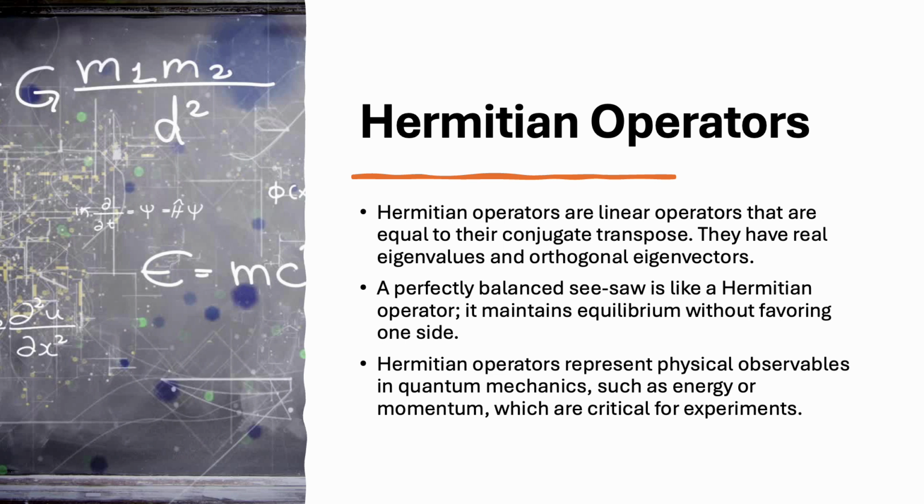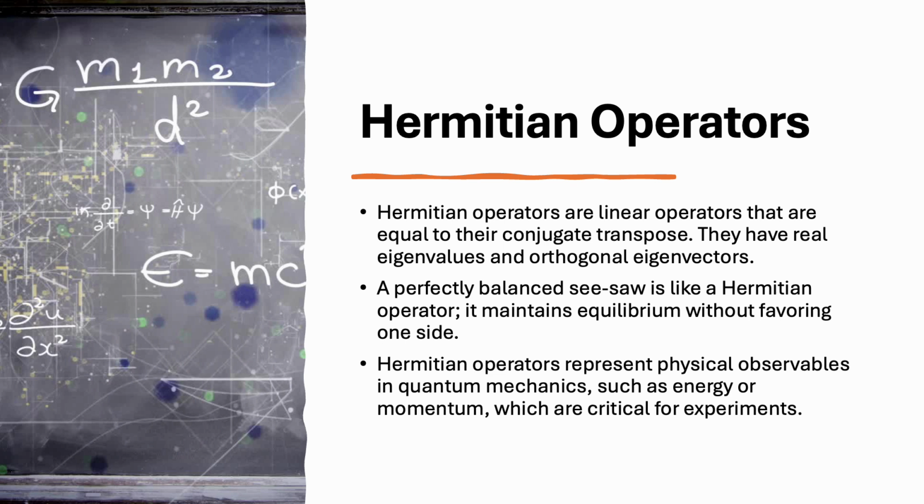So now we come back to revisit the Hermitian operators. The Hermitian operators are linear operators that are equal to their conjugate transpose, as mentioned earlier. They have real eigenvalues and orthogonal eigenvectors. A perfectly balanced seesaw is like a Hermitian operator. It maintains equilibrium without favoring one side.